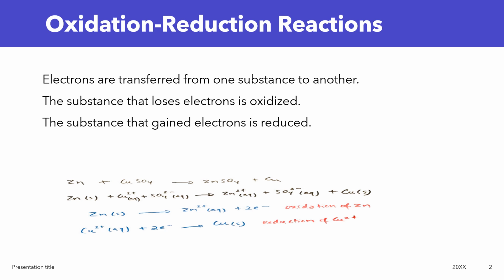As I mentioned, the lost electron is usually written on the right hand side, in the product side, and the gained electron is usually represented on the left hand side, in the reactant side. So zinc lost 2 electrons, copper ion gained 2 electrons. So that's your redox reaction.